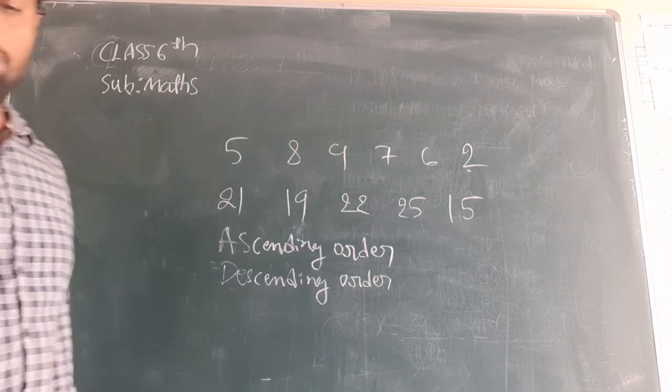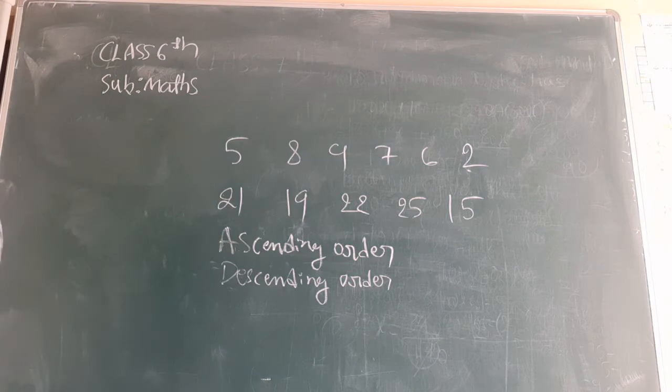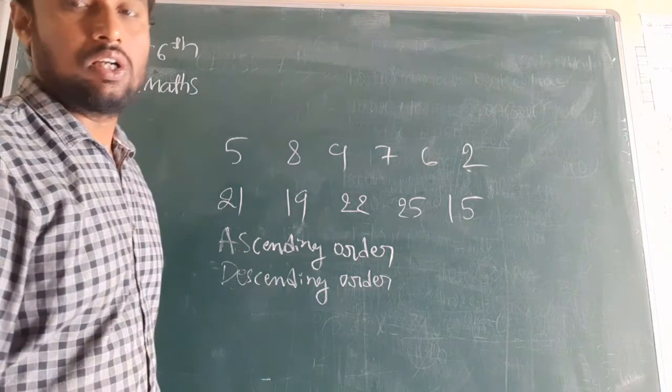These are the two main methods of arranging numbers in a particular order.